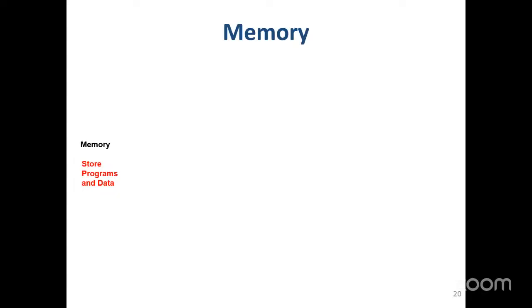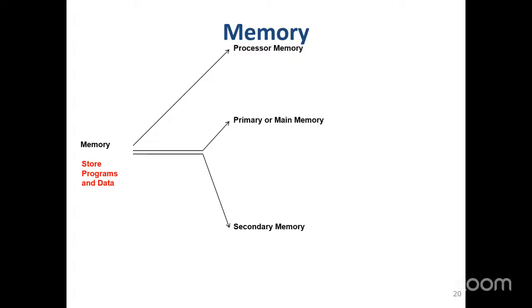Coming to memory again, there are two types: program memory and data memory. You already discussed the code segment, data segment, stack segment, and extra segment in the 8086 microprocessor. Now we'll discuss how we can access the data memory and program memory. Memory stores programs and data.